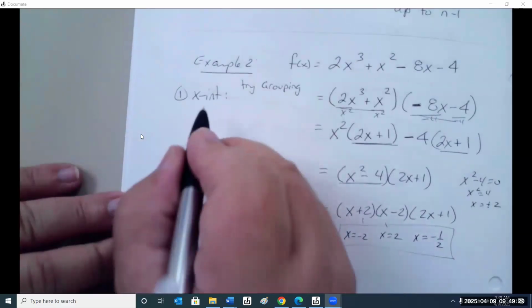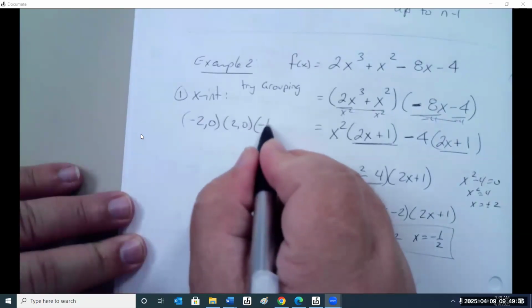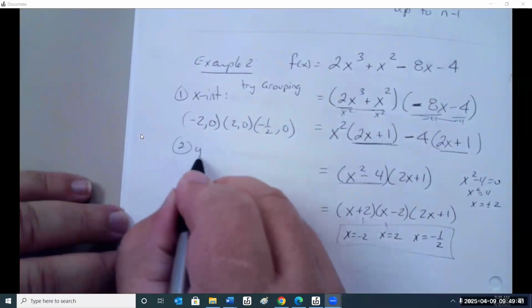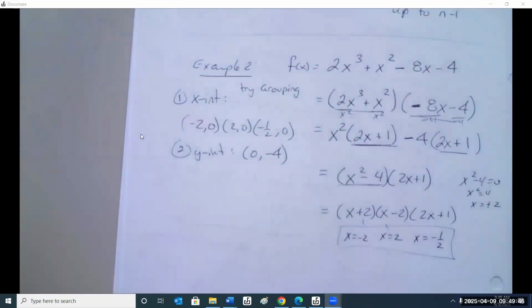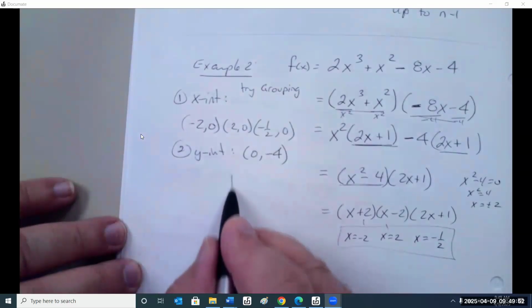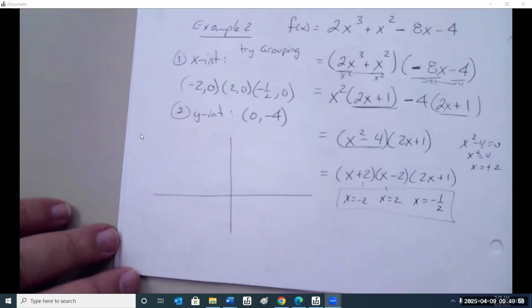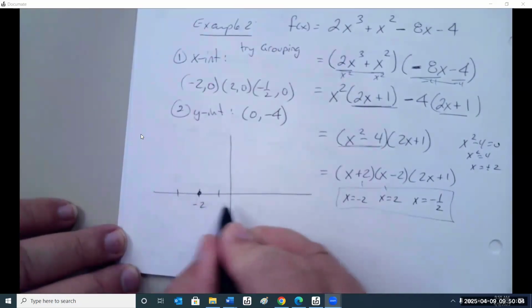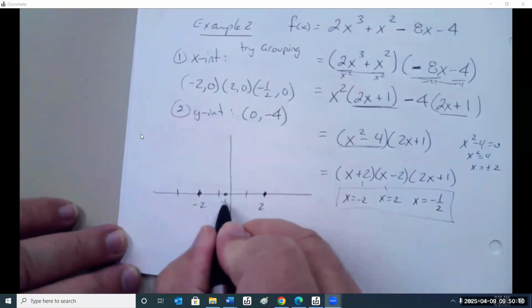So the x-intercepts are at -2, 0, 2, 0, and -1/2, 0. The y-intercept is at 0, -4. So we have an x-intercept at -2, an x-intercept at 2, and at -1/2.